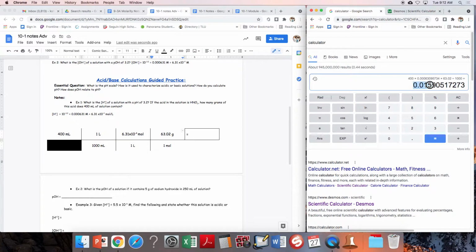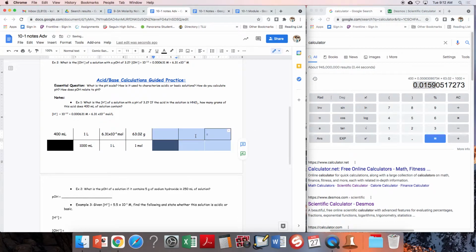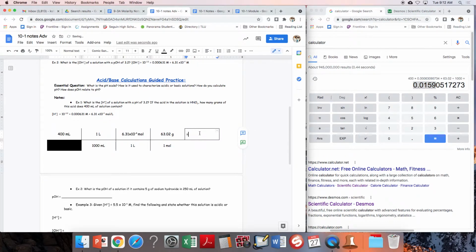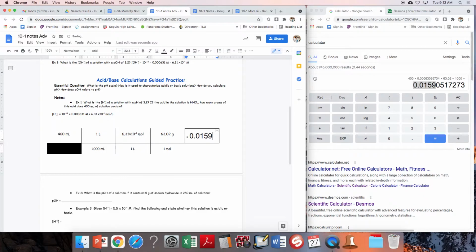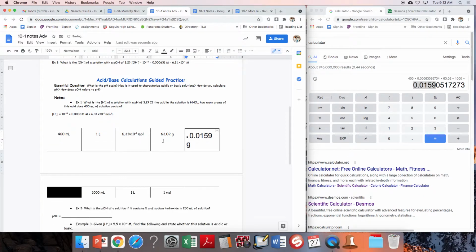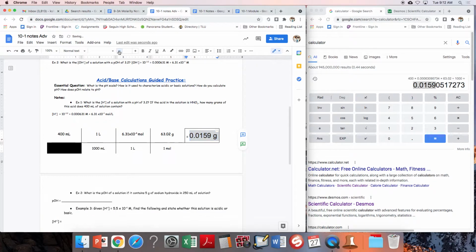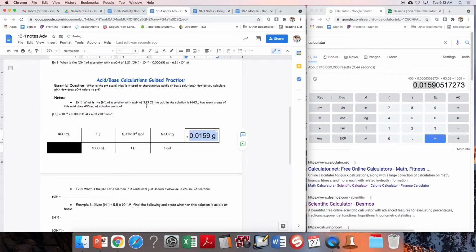So 400 milliliters of this solution would contain a mass of that many grams. We're going to readjust that. There we go. So it's all on one page.